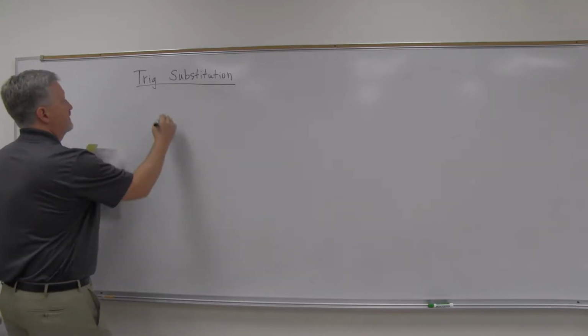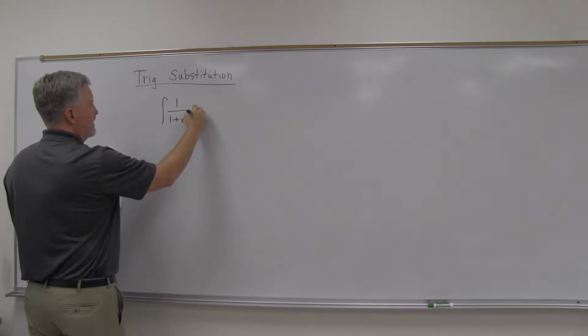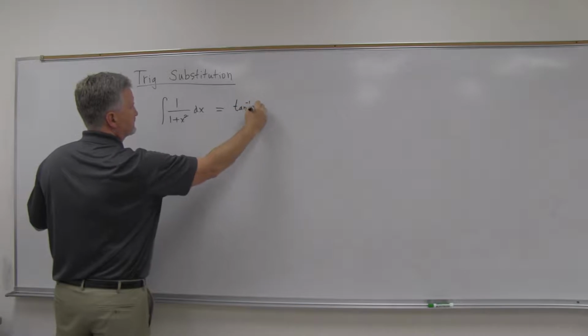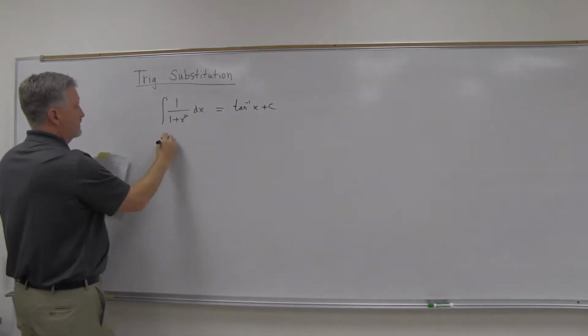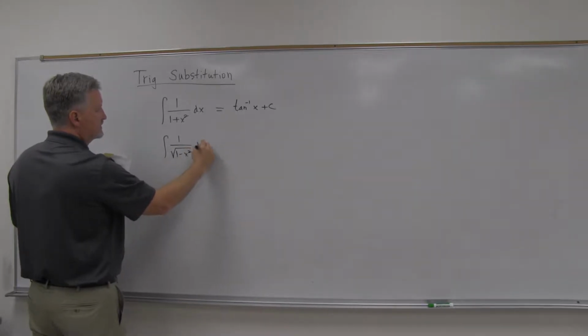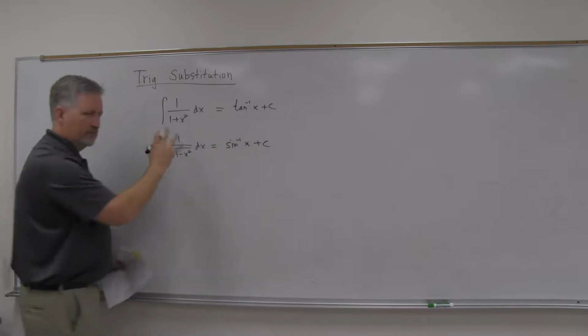For example, we have 1 over 1 plus x squared dx. That's nice because that's tangent inverse. Similarly, we have 1 over the square root of 1 minus x squared dx. That's sine inverse. So those are really nice.